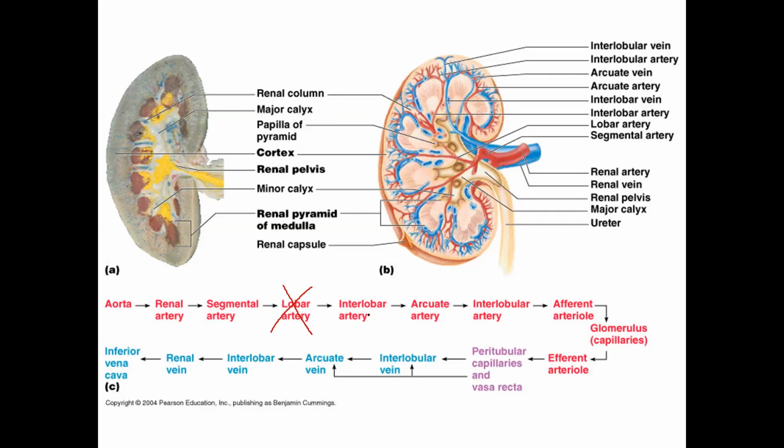Then this interlobar artery will branch to form these arcuate arteries. See, these arcuate arteries are the arteries between the cortex and the medulla, right at the border.